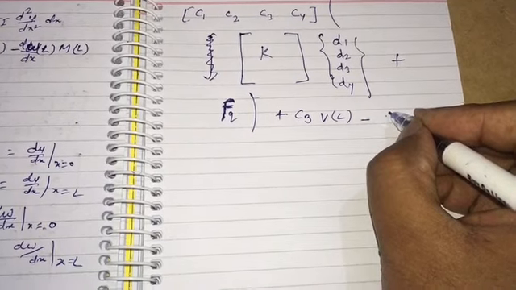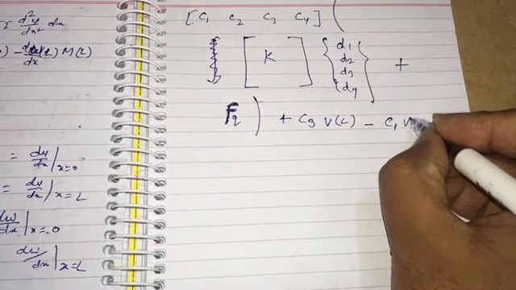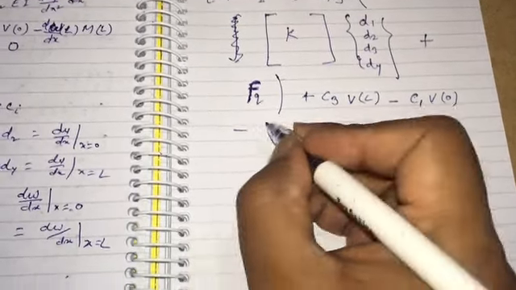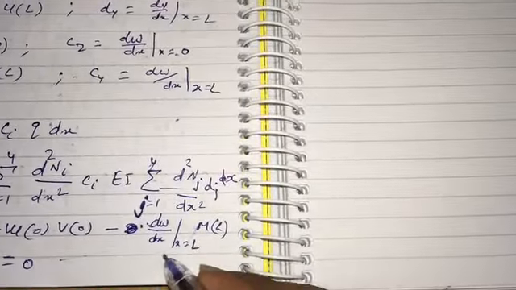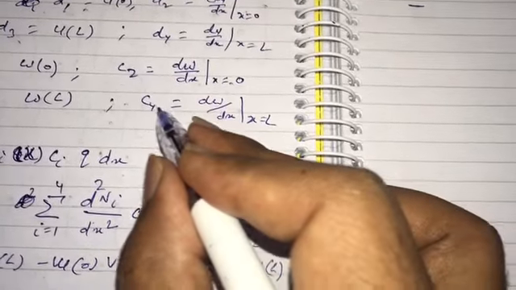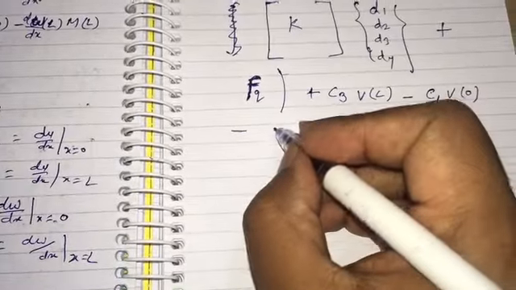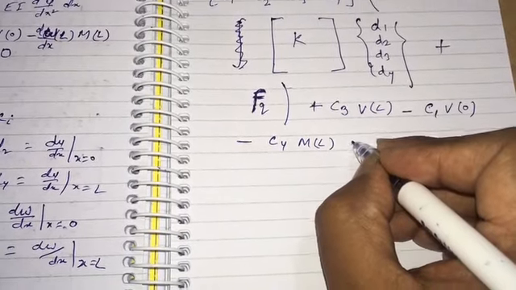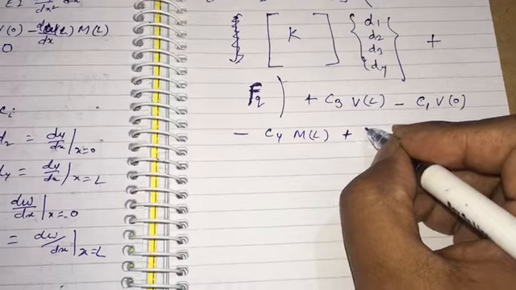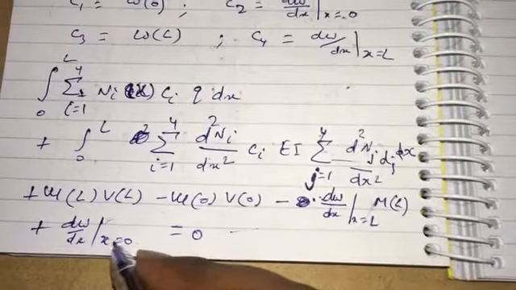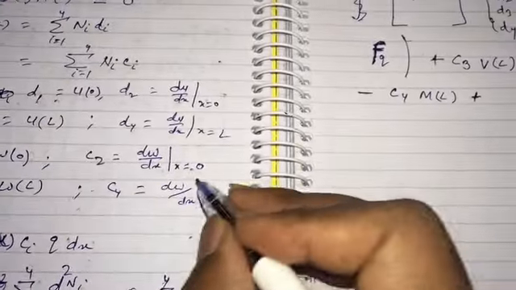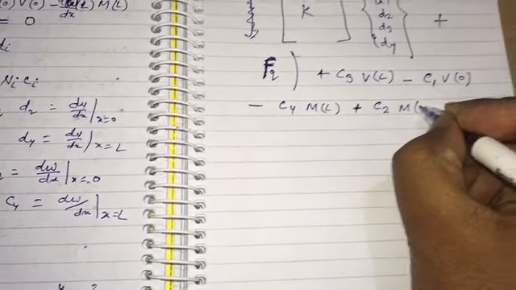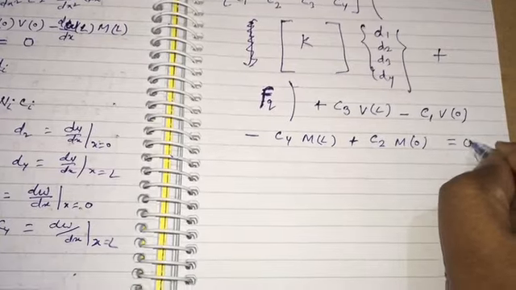W0 is nothing but C1, so write C1 V0. Minus dW dx at x equal to L is nothing but C4, so we write C4 ML, and plus dW over dx at x equal to 0, which is C2, so we write C2 M at 0, and everything equal to 0.